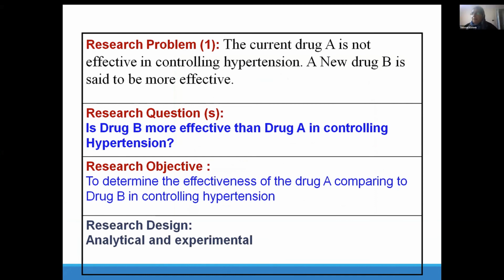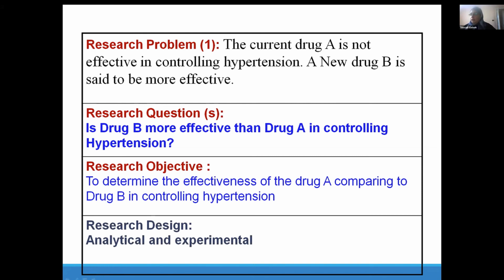Okay. So our research question was, is drug B more effective than drug A in controlling hypertension? And that's what we based it on.